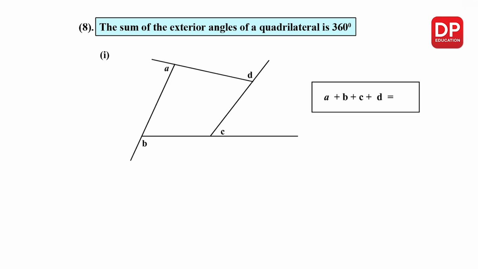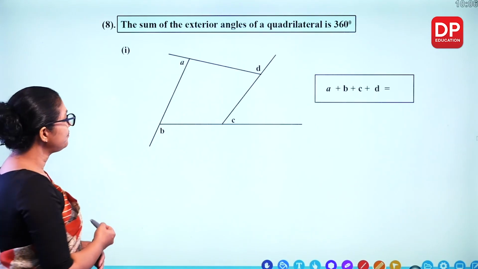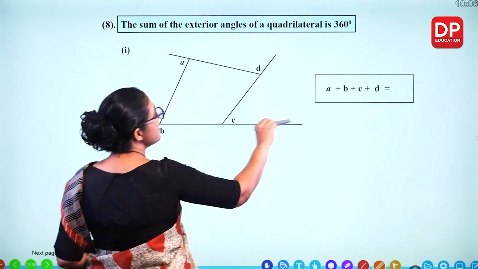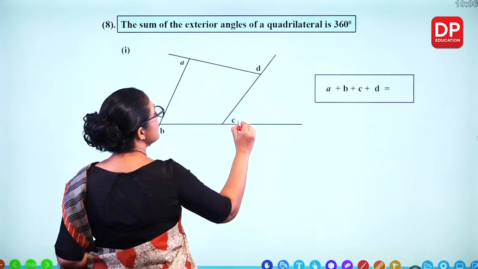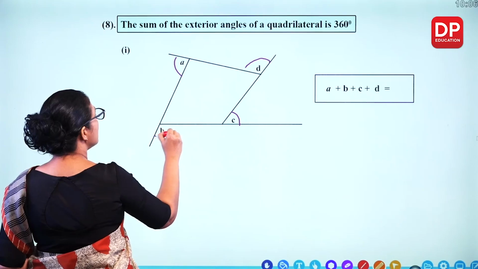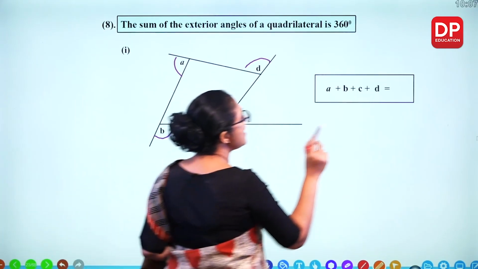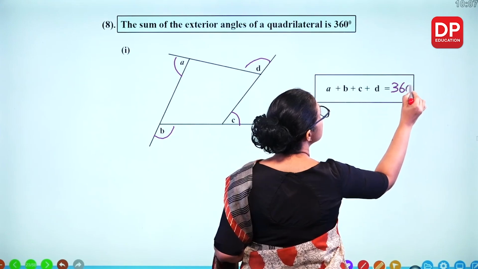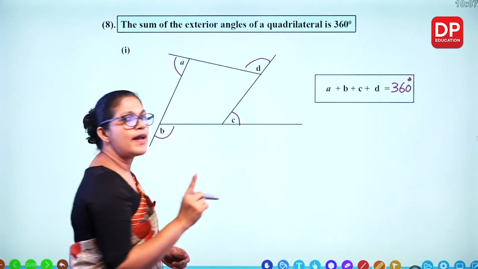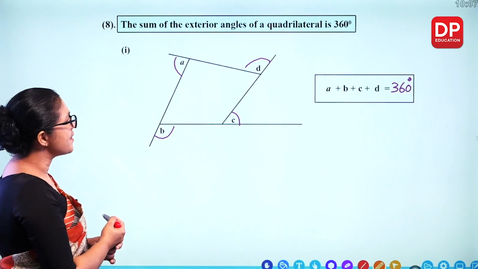What is this one? The sum of exterior angles of a quadrilateral is 360. So when you extend these angles, this is the anti-clockwise way, you get all these exterior angles. For any polygon, we know that the sum of exterior angles add up to 360 degrees.